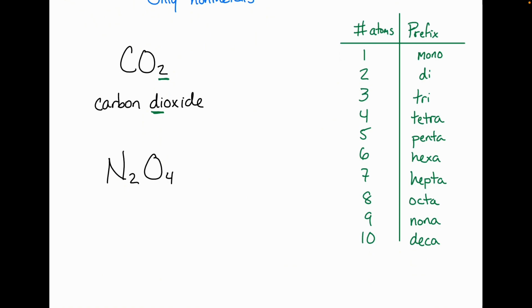You can use that as a template for each of these here. The first element is just that element name straight up off the periodic table. So in this one here, it's going to be just nitrogen, but now I have 2 of them, so I'm going to use the prefix di. So this would be dinitrogen.